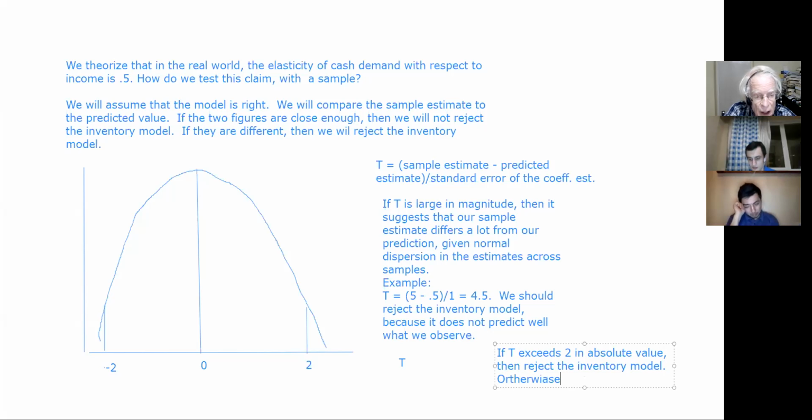Otherwise, if t is less than 2 in magnitude, basically accept the inventory model, or at least not reject it. And then there you have it.